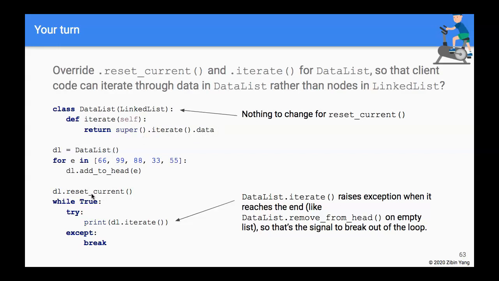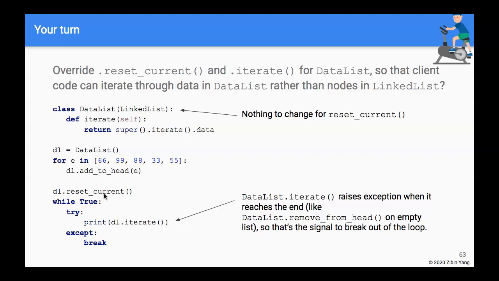Now to use it is slightly different, because remember, when we reach the end of the list and we call iterate again in the linked list, we get a None. And when we try to dereference None.data here, we're going to get an exception.